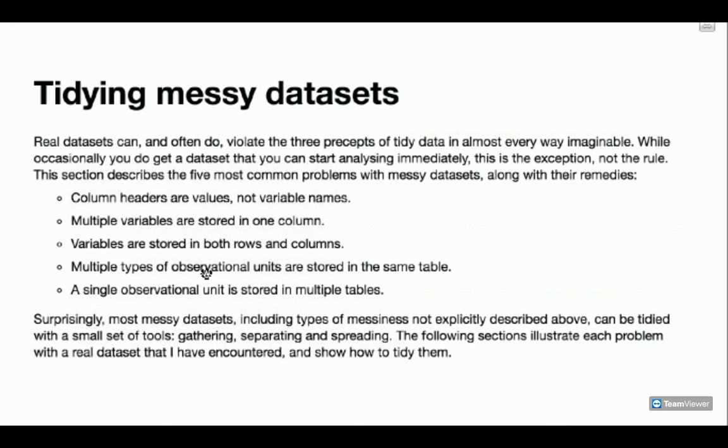The other problem may be that multiple types of observational units are stored in the same table. Sometimes it's easier to separate these observations into different tables and then merge them on the fly when you're actually doing the analysis. That keeps these tables separate, so we don't merge the information.